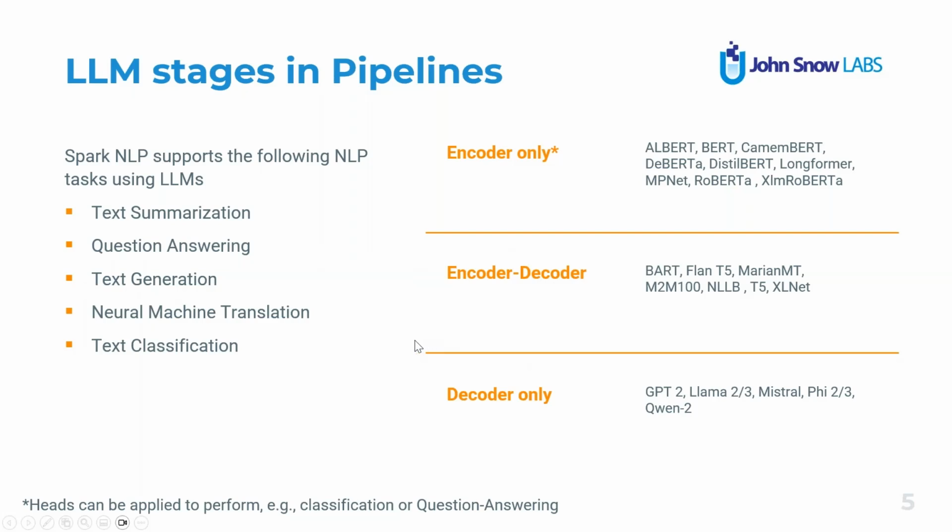So when we talk about LLMs in Spark NLP, as was mentioned before, we can add them just as an extra stage in our pipeline. So we can add one stage for text summarization or for question answering, text generation, translation, classification, and so on. And then we can just use pre-trained models to work on that task.